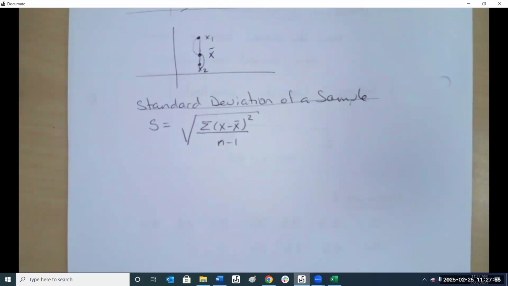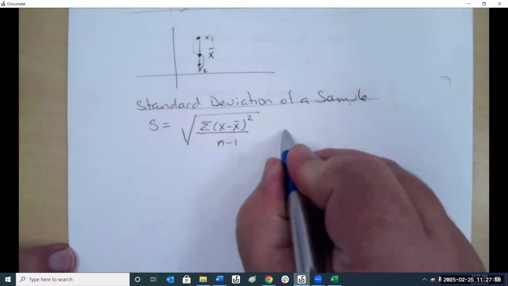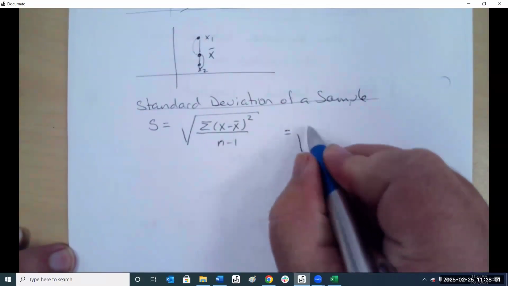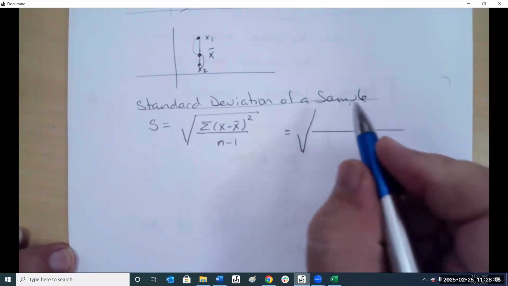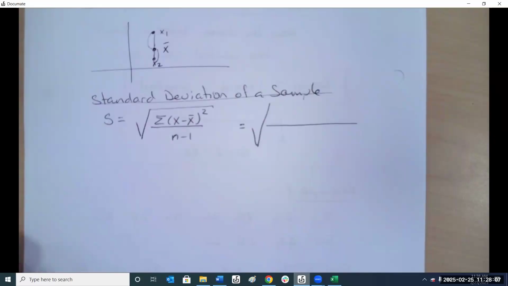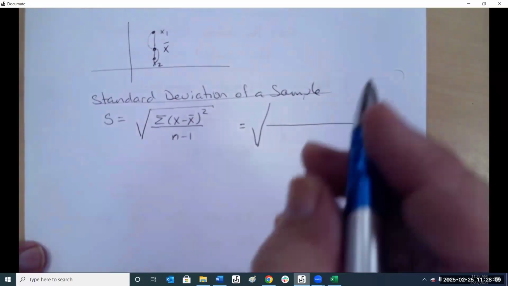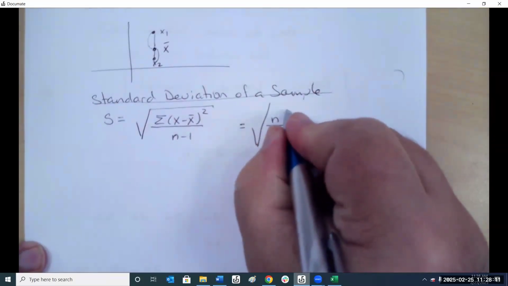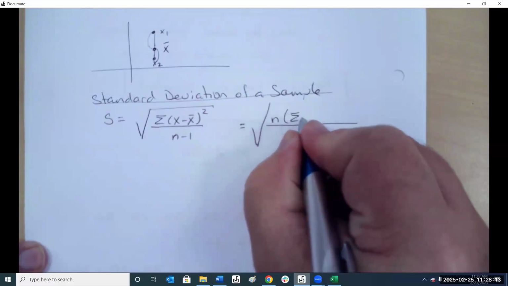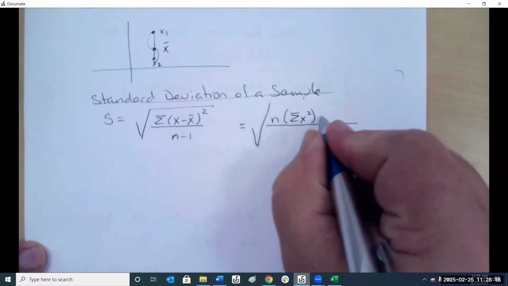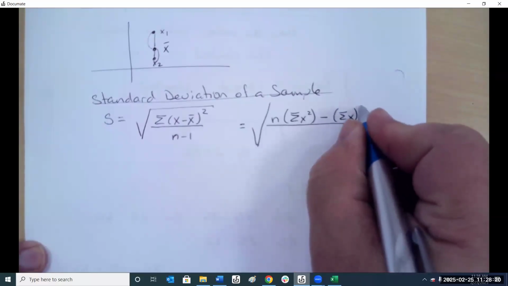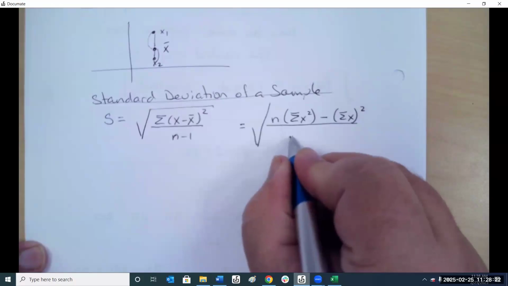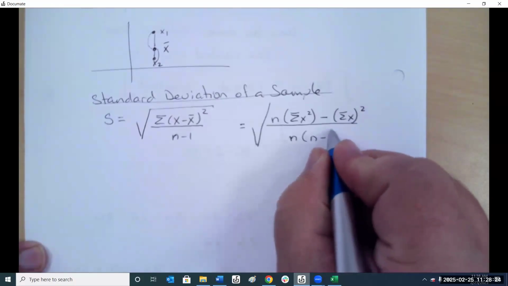That's one formula. Or we could use the more parsed out one, which says n times the summation of x squared minus the summation of x, squared, all over n minus 1.